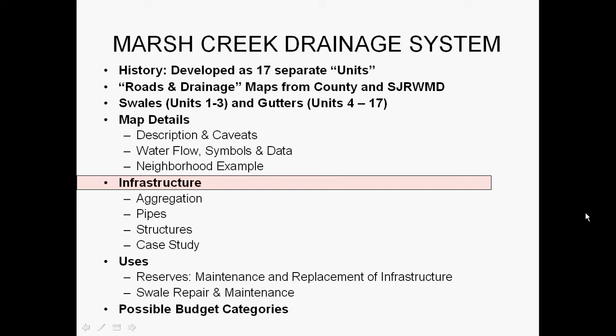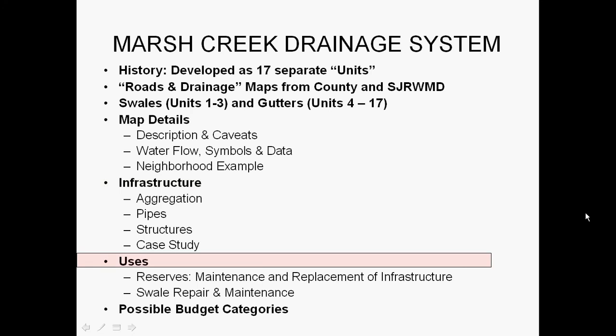If we aggregate those, we can get a pretty good view of all the assets that we're responsible for and size those. And we'll also look at one particular dam or weir and see what the function is, so we can get a feel for that as an example.